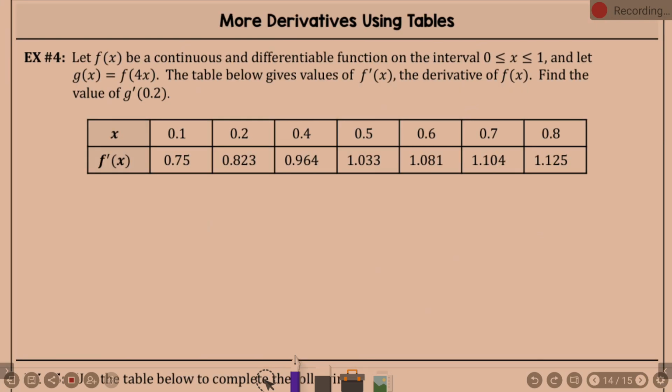Example 4. Let f be a continuous and differentiable function on the interval from 0 to 1, and let g of x equal f of 4x. The table below gives values of f prime of x, which is the derivative of f of x. Find the value of g prime of 2/10.